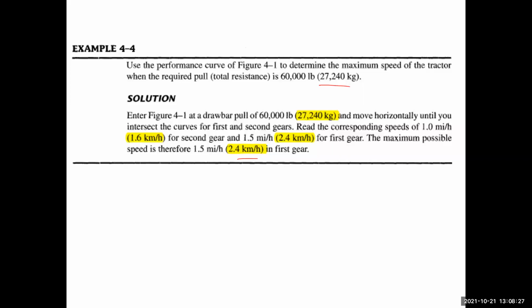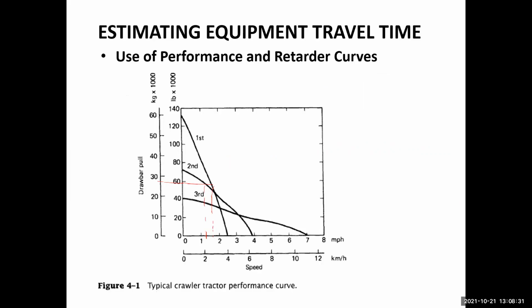So in situations when this much pull is required, according to this chart, the tractor can be operated at a maximum speed of about 2.4 kilometers per hour. We can read this speed value over here.